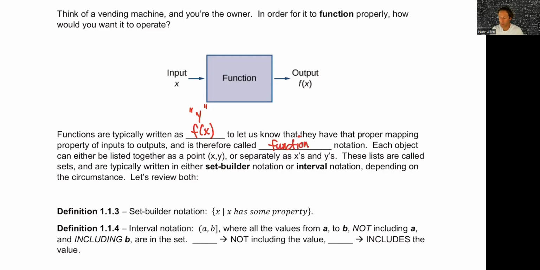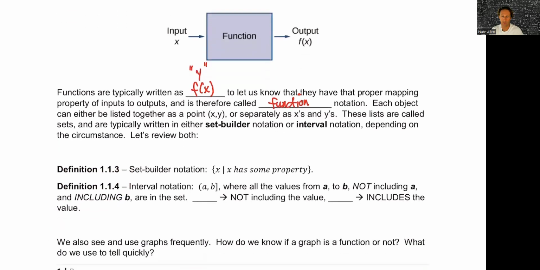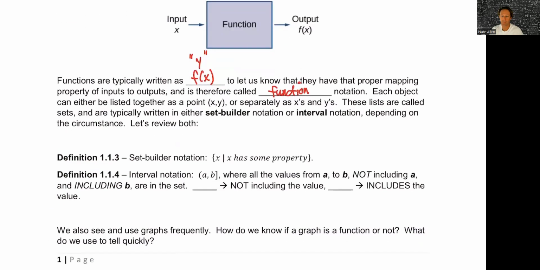All right, there's a couple different ways that we can write these relationships. One is called interval and the other set builder notation. So let's review them very quickly with a few definitions here. Chapter 1, section 1, number 3 and 4. Set builder notation.